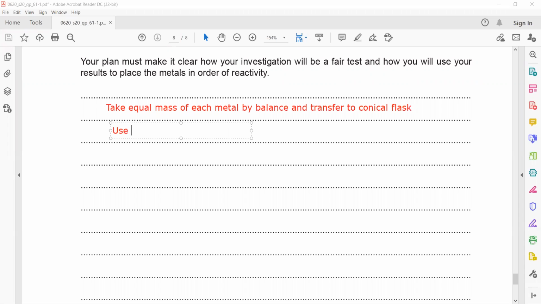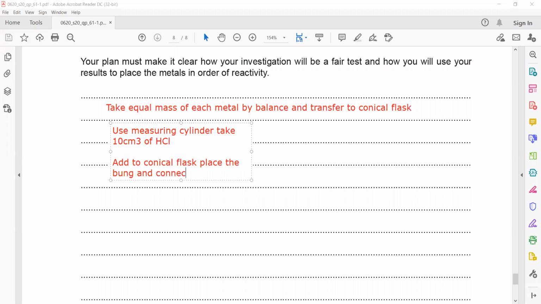Then use a measuring cylinder. Take 10 cm cube of HCl, add to the conical flask, place the bung and connect a gas syringe.